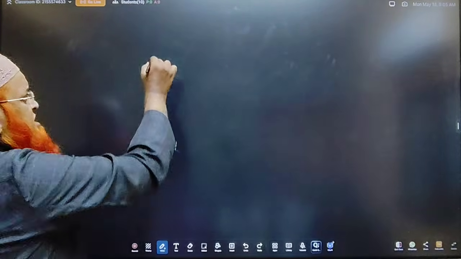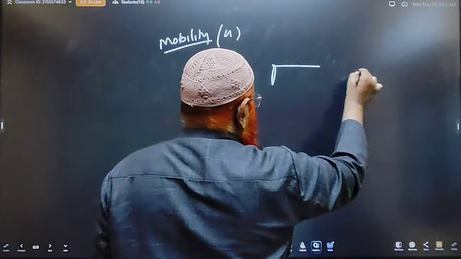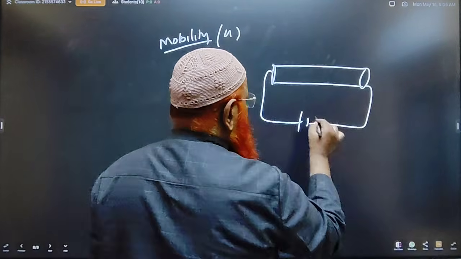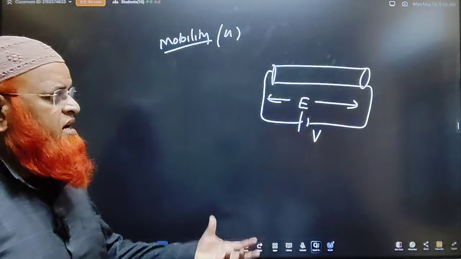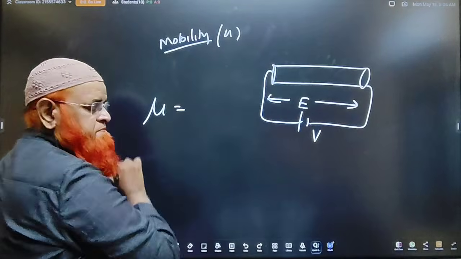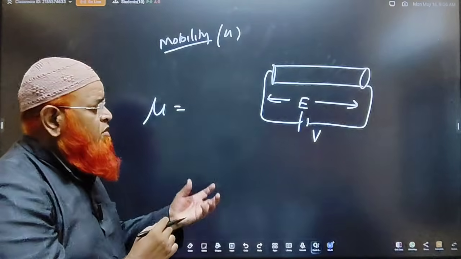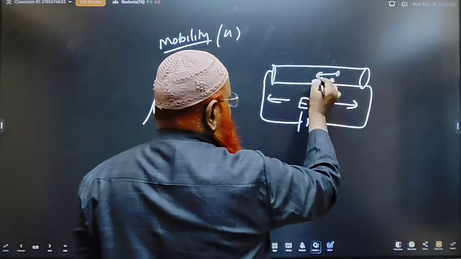So now, next, what is the meaning of mobility? Given by mu. So here, in a conductor, you are connecting a battery now. You are connecting a battery means you are connecting an electric field. If you connect a battery, there is an electric field now. So mobility is nothing but, whenever you connect the electric field, you know electrons will start moving.